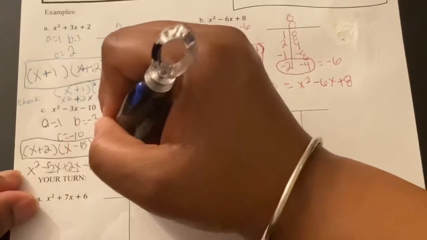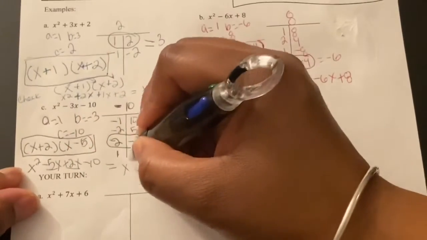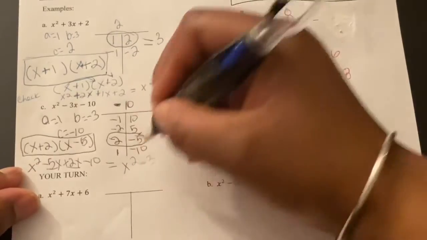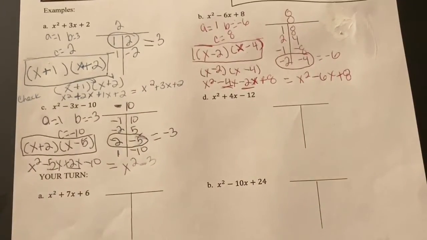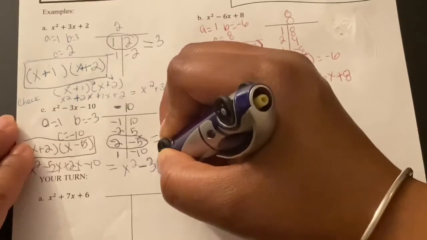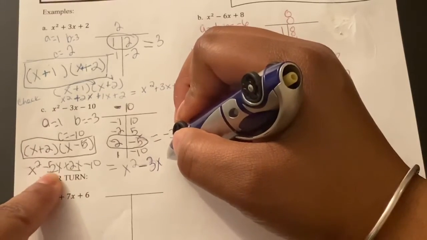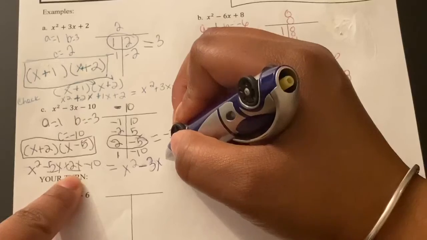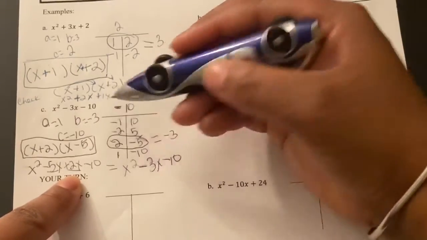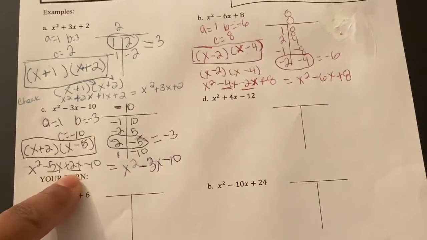Combine my like terms, and you get x squared minus 3x, because negative 5x plus 2x is negative 3x, and then minus 10, which is exactly what we had in the beginning. So we know it's correct.